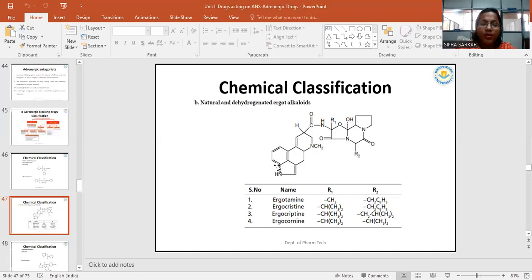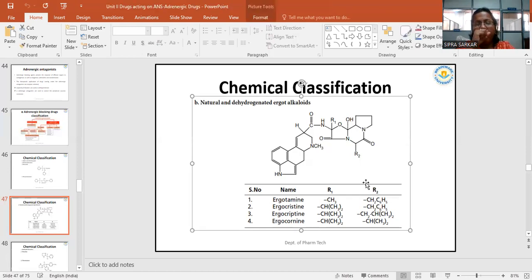In case of R1, if it is CH3 and R2 is CH2C6H5, that means a benzene group will be coming, that is known as ergotamine, and in this way ergocristine, ergocryptine, ergocornine, this type of drugs are also derived.